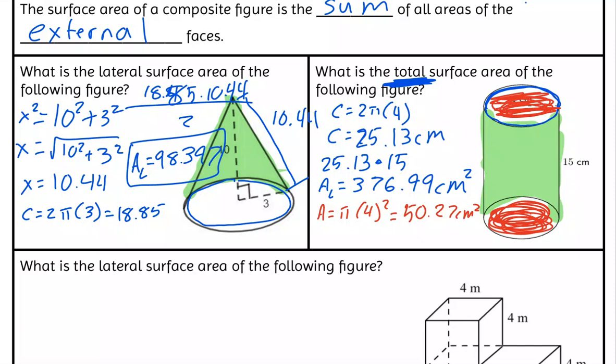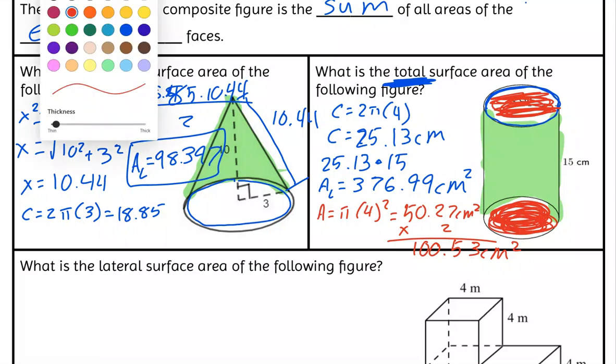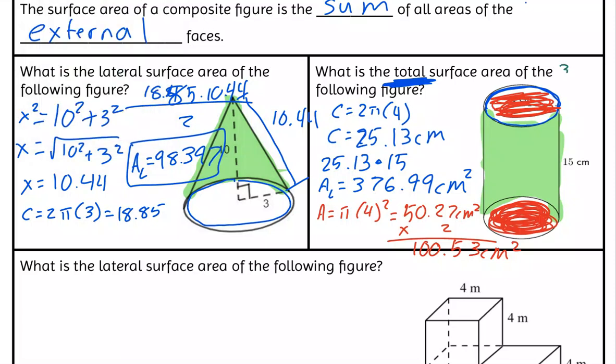So now I need to find the area of both circles. So I'm just going to multiply this by 2. When I do that, I end up getting 100.53 centimeters squared. So now I need to find the total area for this shape. So what I'm going to do is take 376.99 and add 100.53.